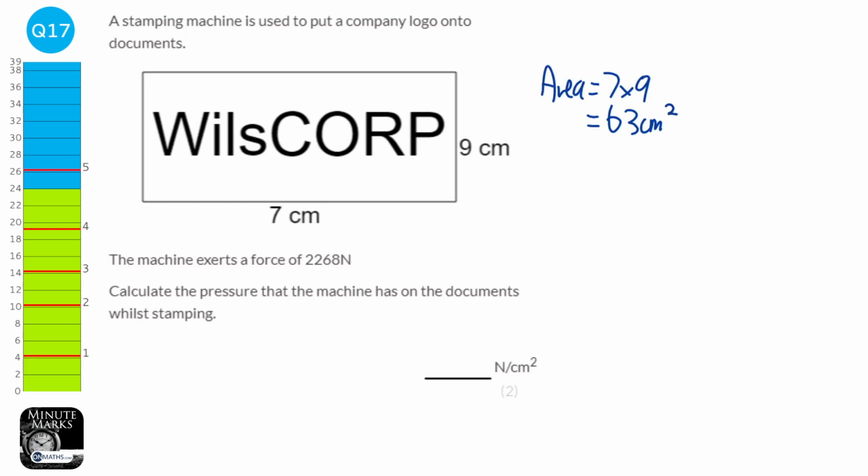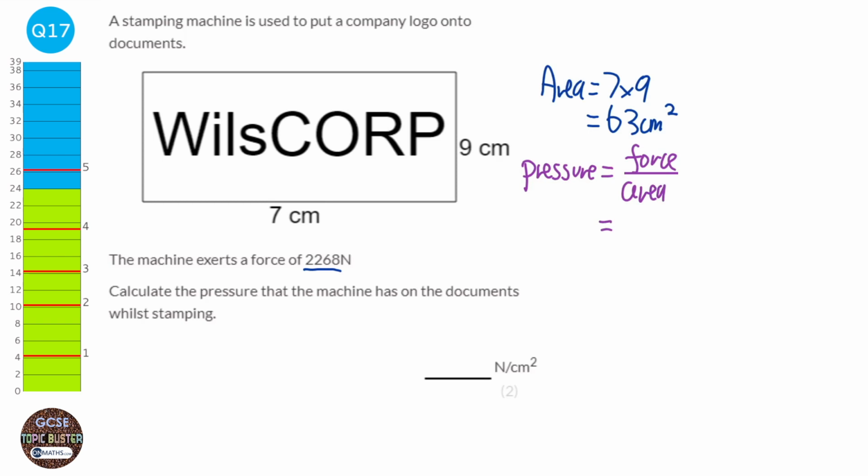So we can write down the pressure formula, which says that pressure equals the force divided by the area. Force is given to us as 2268. The area we've calculated is 63. Divide the two and you get 36. So it's going to be 36 newtons per centimetre squared.